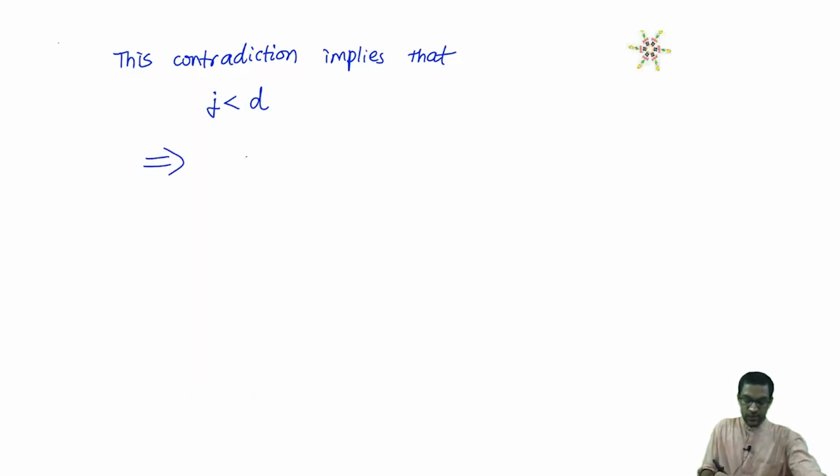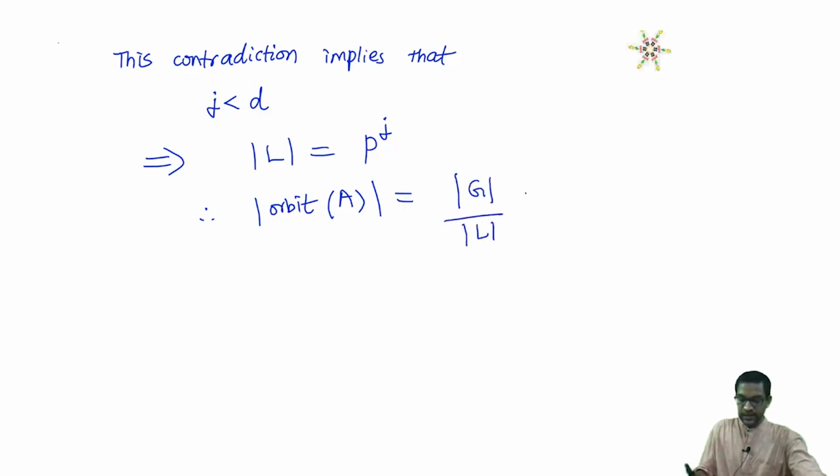But if j is strictly smaller than d, what does that mean? The cardinality of L is p power j, recall. So j is strictly smaller than d, therefore the orbit of the set A that we looked at has cardinality equal to the cardinality of g divided by the cardinality of the stabilizer, which is p to the d minus j, some strictly positive power of p.